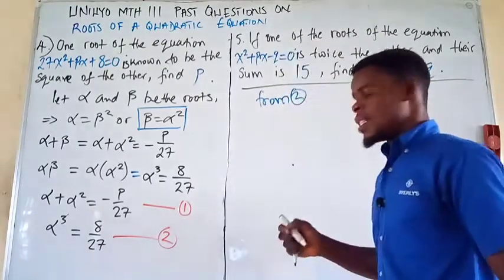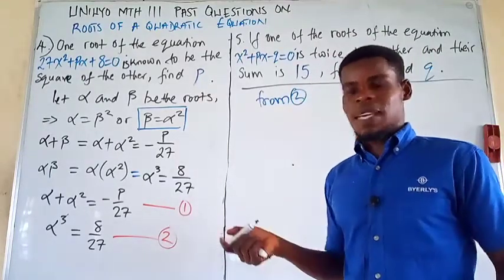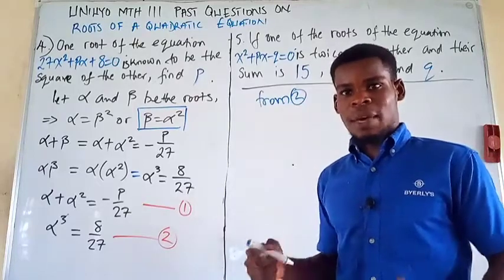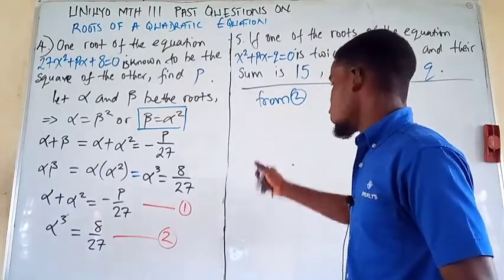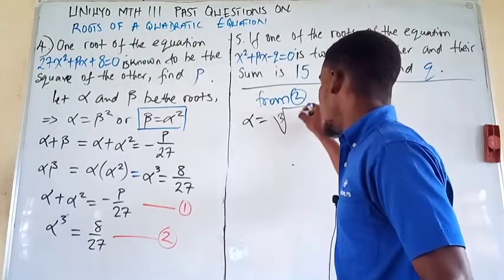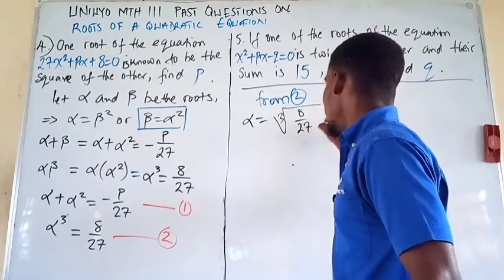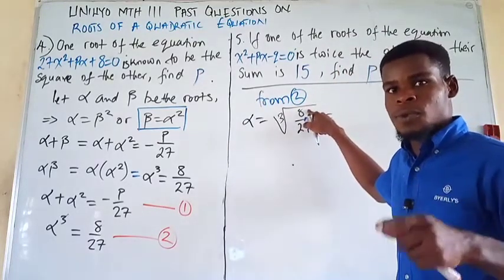You can see that since alpha cubed is equal to 8 over 27, we can make alpha the subject of formula by taking the cube root of both sides, right? So from equation 2, alpha is the cube root of 8 over 27. And lucky enough, 8 is a perfect cube, gotten from 2 cubed.